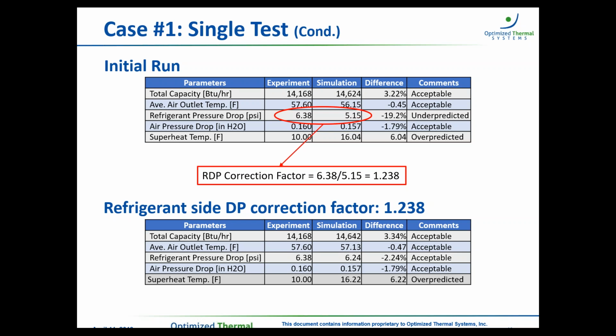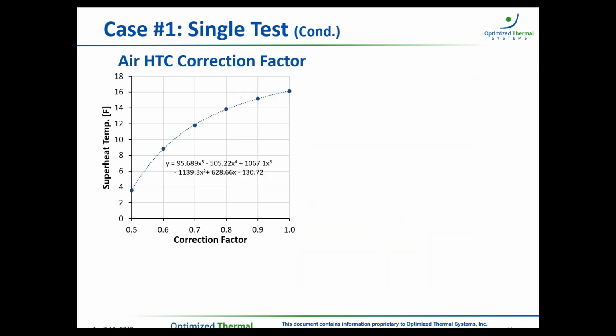The next thing we're going to look at is the superheat of the coil, which is over-predicted by our model. To find an appropriate correction factor, we can go back to our flow chart, and we know that we want to apply correction to the air side heat transfer coefficient to make the heat exchanger more or less effective, to have some influence on the superheat of this evaporator.